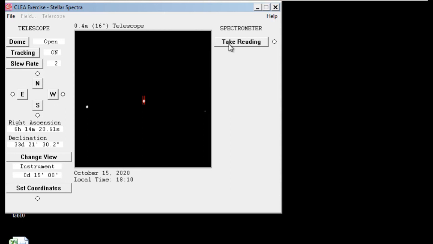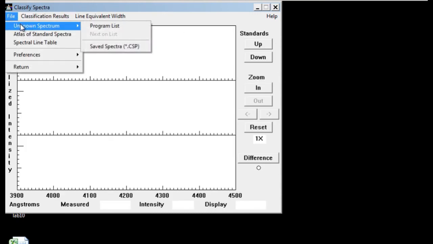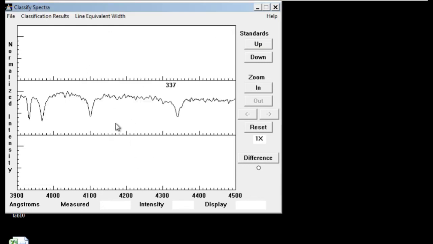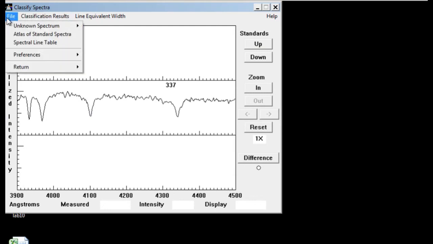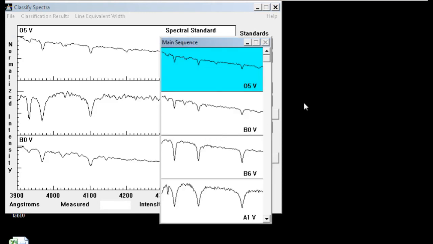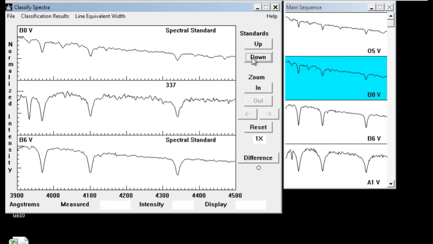So basically what we want to do now is go back to our classification of spectra. We open a saved spectra. Spectrum 1, that is right there. That's our mystery spectrum. And then also open our main sequence. And we'll do this the same as we did for the other ones. I will go through these, and you can go through this video as many times as you want.